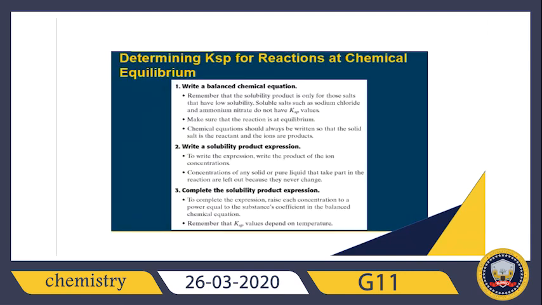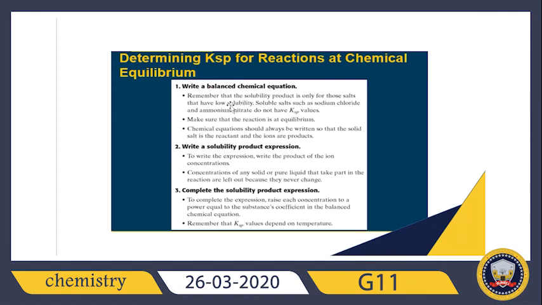Okay, so determining KSP for reactions at chemical equilibrium, we have 3 main steps. Step number 1, write the balanced chemical equation. Remember that the solubility product is only for those salts that have low solubility, guys. Here we are measuring KSP for salts that are less soluble.